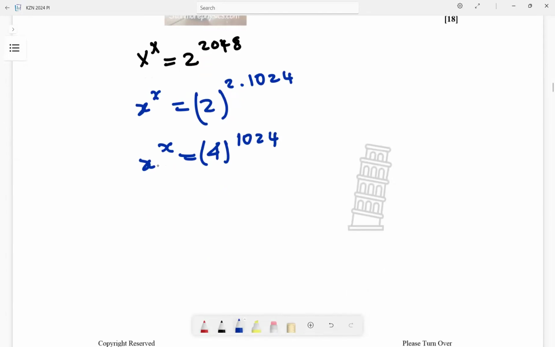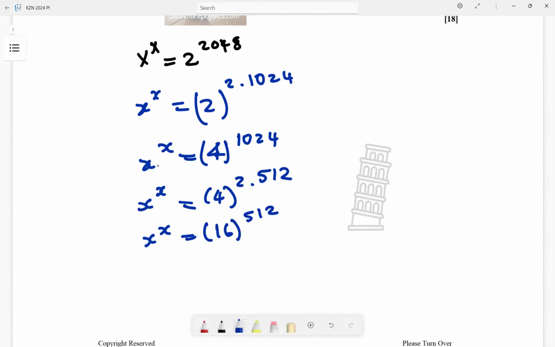But still, it does not give me the same base and exponent. Let me repeat the same process. Divide this one by 2 again, it's going to be 512. Then x to the power of x is equal to 4 to the power of 2, which is 16, to the power of 512. I might get there maybe.